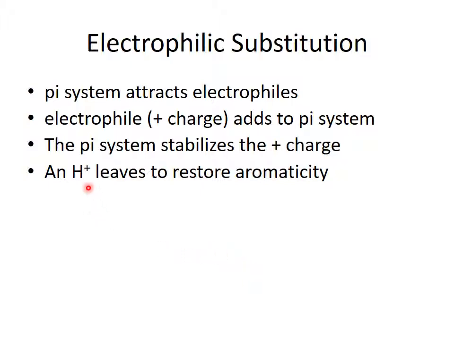And then what happens is a proton leaves to restore the aromaticity. So what you actually have is a proton on the benzene ring is taken off in order to allow the electrophile to add. Except the electrophile adds first and then the proton leaves.